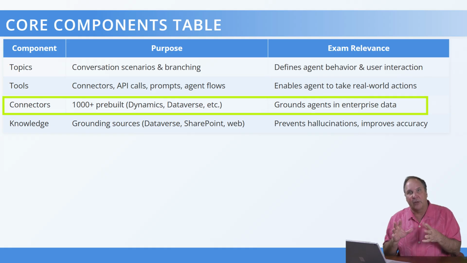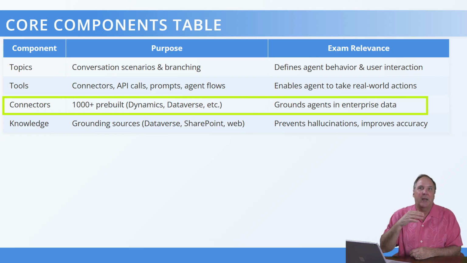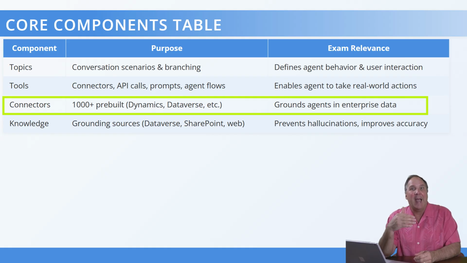Now, connectors. There are over 1,000 pre-built connections to the enterprise systems. Dynamics, SharePoint, Teams, Dataverse, you name it. Connectors answer the question, how does the agent access data? They're the bridges to your actual real business systems.